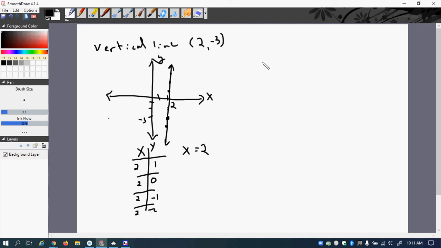Let's say it's a horizontal line, and it's at (3, 1). So again, I'm going to make a graph.